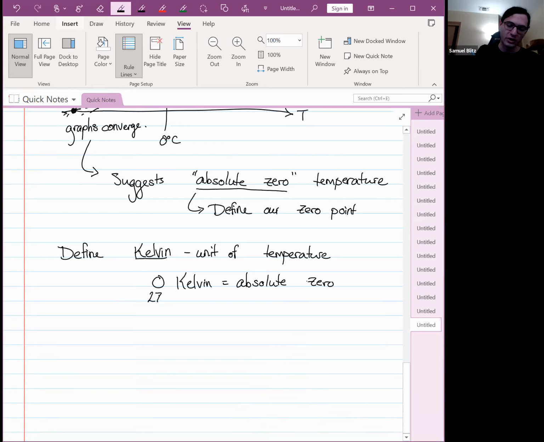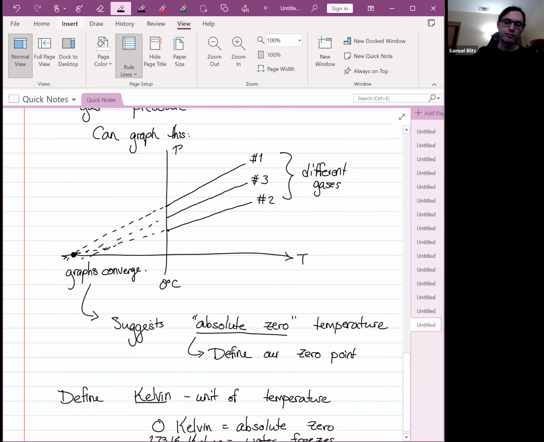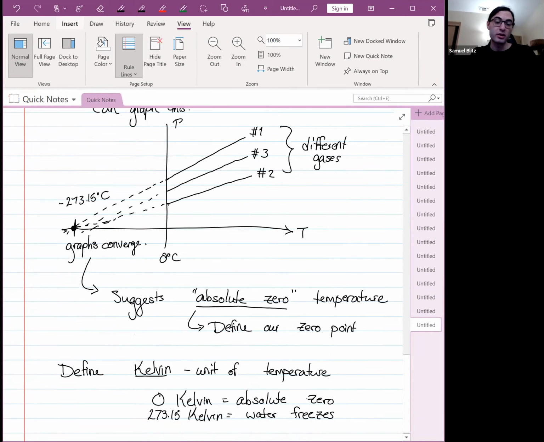So we choose 273.15 Kelvin to be the temperature where water freezes. That's just the number that we choose. And by the way, that was determined just by looking at, well, in Celsius on this scale, this point of convergence happens to be negative 273.15 degrees Celsius, right? That's how that was determined.